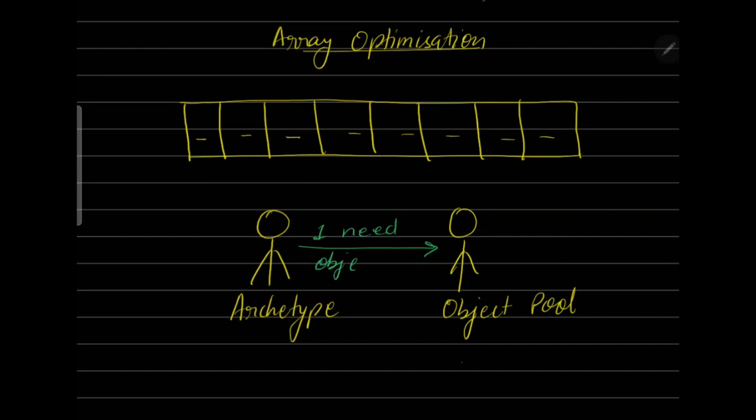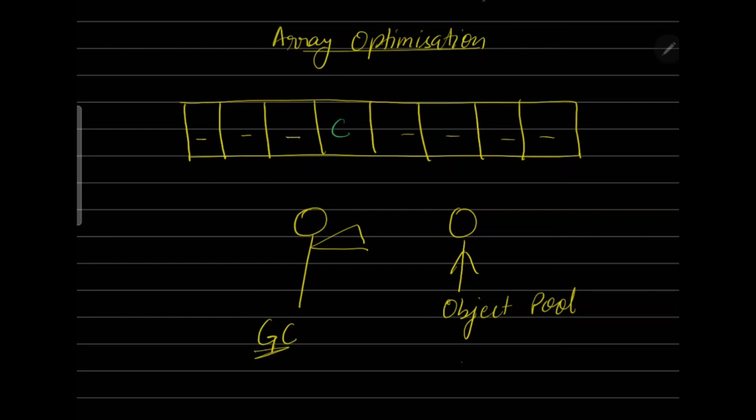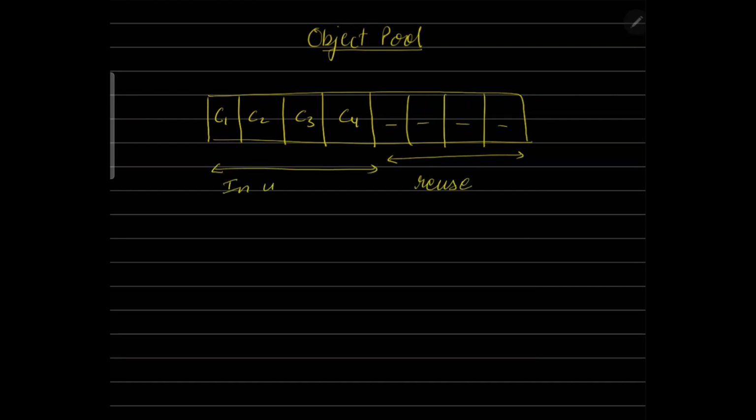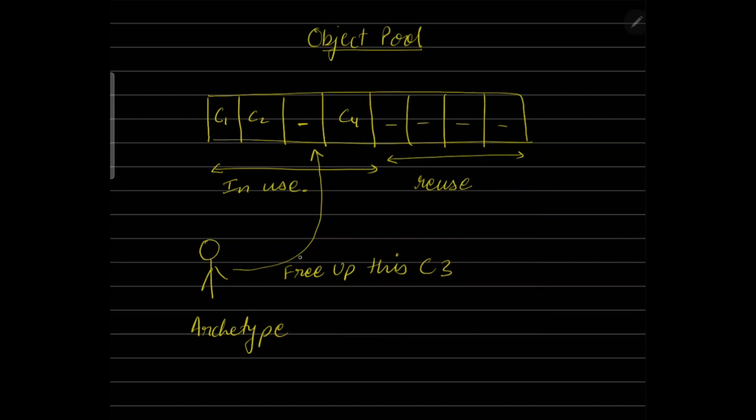The object pool serves as a reservoir of reusable objects that can be shared across the systems, and since we are reusing objects instead of creating new ones every time we need them, object pool helps in reducing the overhead of garbage collection. By utilizing an array-based object pool, we ensure that the objects actively in use by the code base reside consecutively in memory.